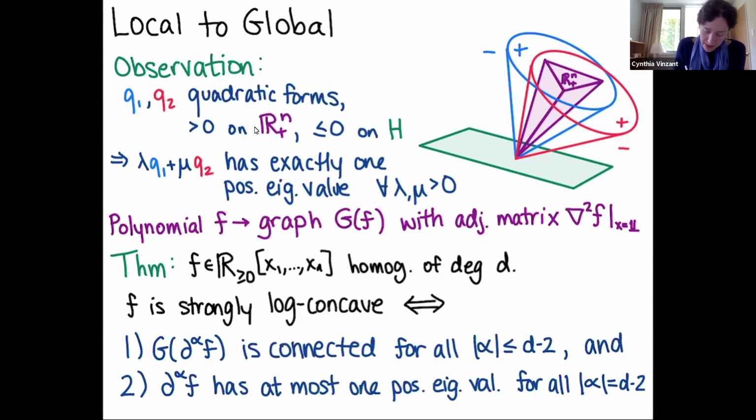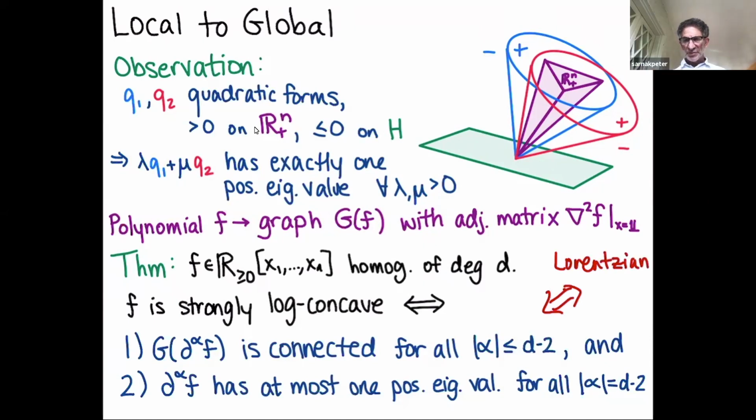Sorry, I assume this is then very closely connected to the definition of Lorentzian. Yeah. So these turn out to be the same, just identical. So that's a definition of a Lorentzian polynomial. Well, okay.